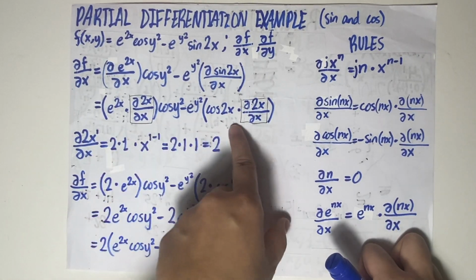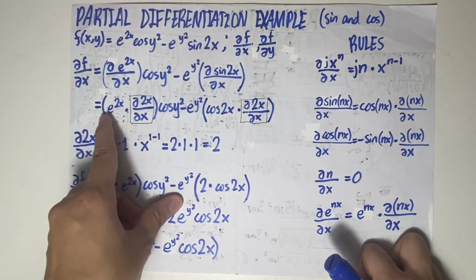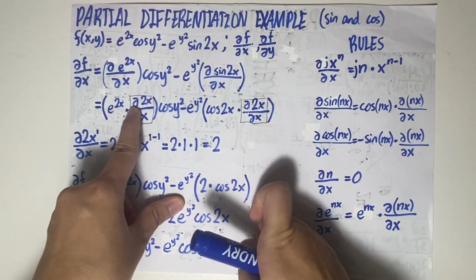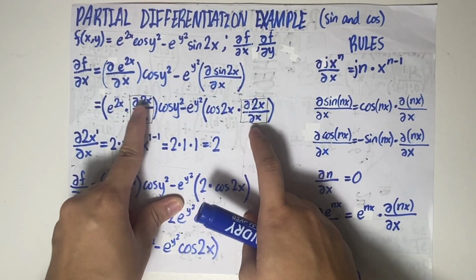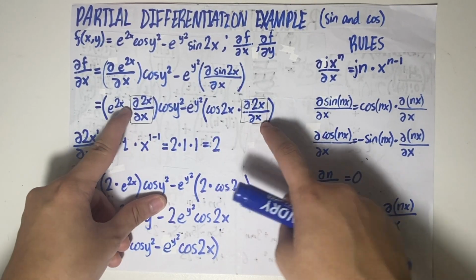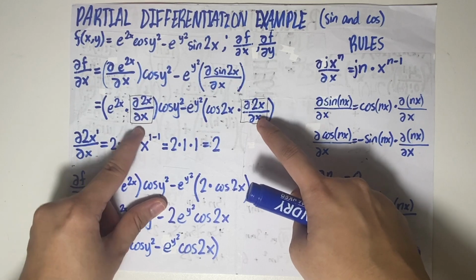So we've rewritten the equation in terms of the derivatives, and we can see that the derivative of 2x is over here and over here. So we need to find the derivative of 2x because it's used twice.